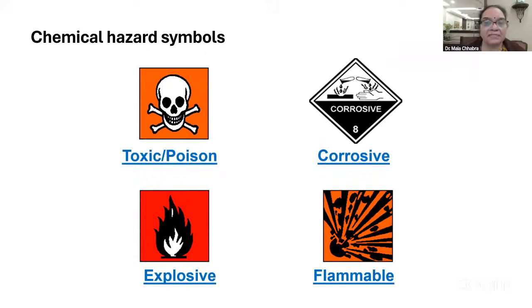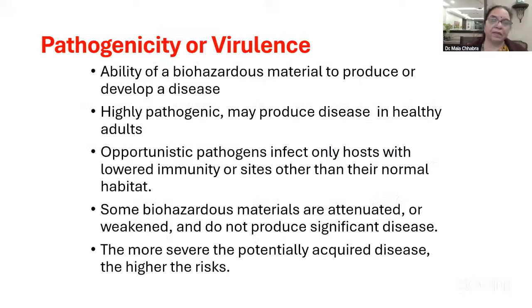The next symbol is that of corrosive, and suppose you are handling acids like we do in the mycobacterial lab, sulfuric acid or hydrochloric acid, you should put the corrosive symbol there. This is a symbol of explosives. So whenever we have explosives or flammable substances, we should be familiar with these symbols and we should use them.